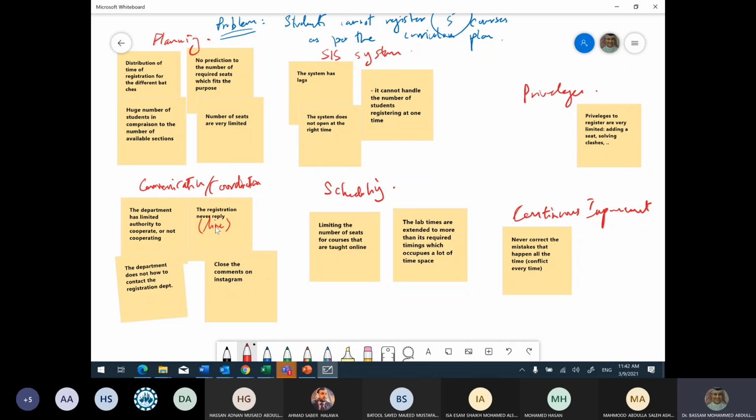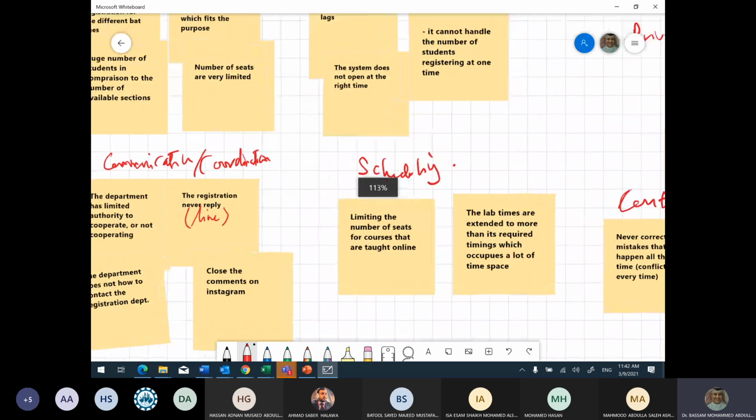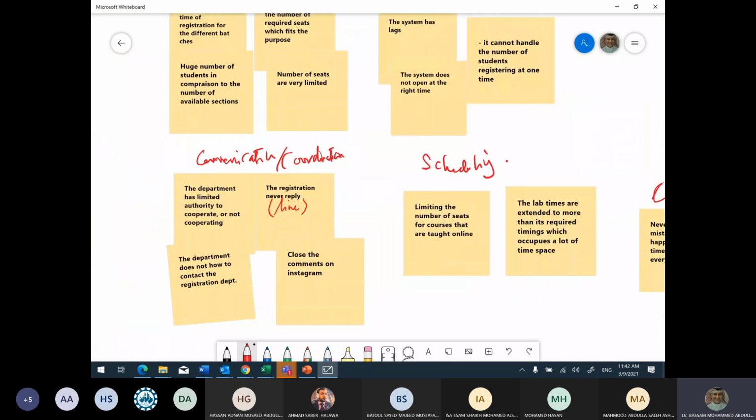And to be honest, I talked to the dean. I cannot hold myself from saying stories. I told him, why did you close this? He said students are saying many things that are not organized, and sometimes it becomes harmful to the image of the university.